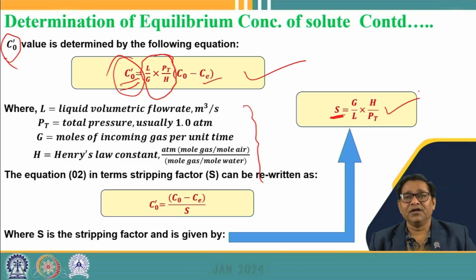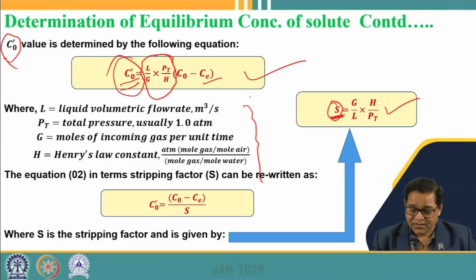So if we take the inverse, equal to the stripping factor, then this equation can be converted into this form, where C dash 0 will be equal to C0 minus CE divided by S, and this is the simple equation which we can use for determination of equilibrium concentration in terms of stripping efficiency.